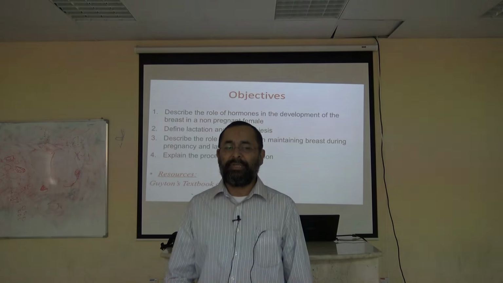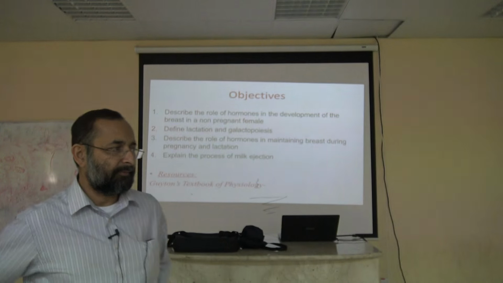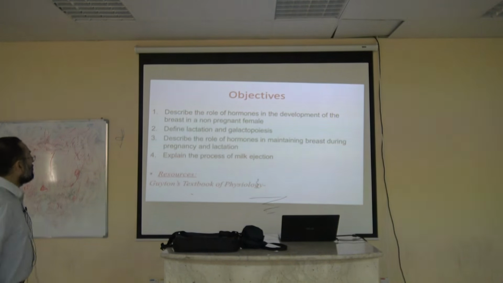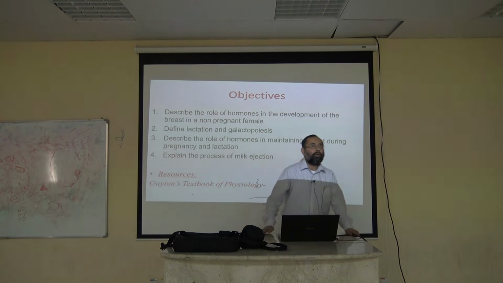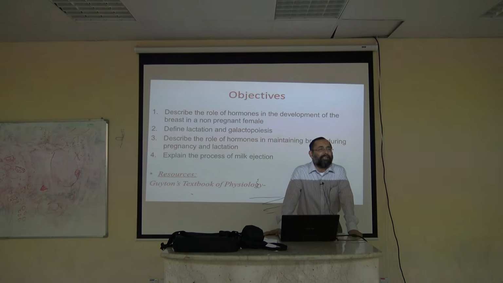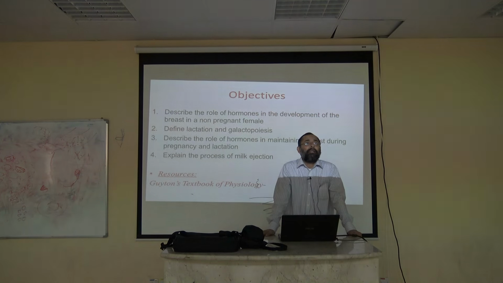Let us have a look at the objectives which are written there, first of all. And you will see that we'll have to see how physiology goes on in a normal development of the breast, number one. Then we'll move on to the issues of the pregnancy and then lactation.